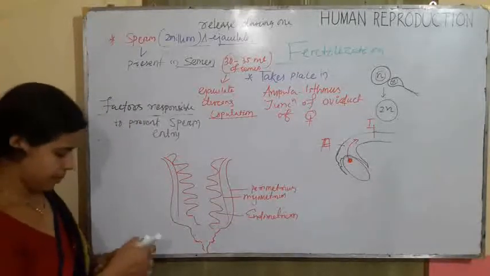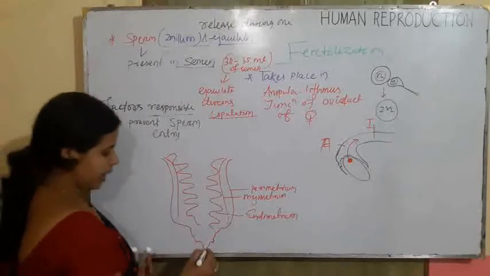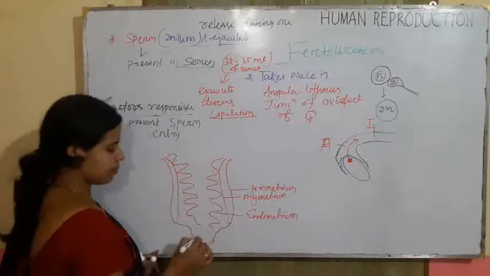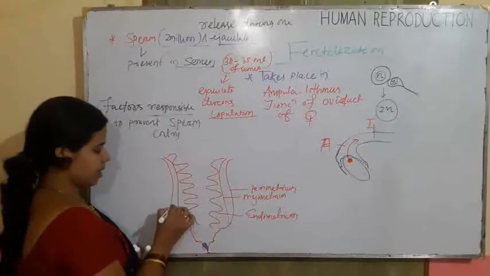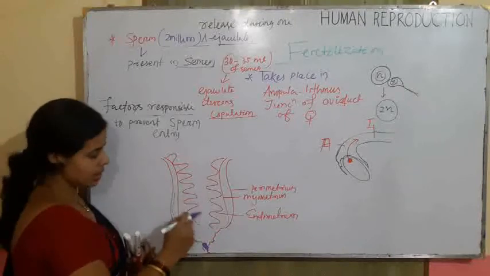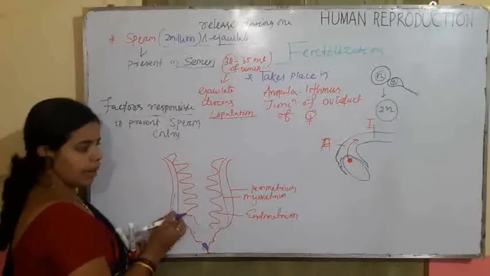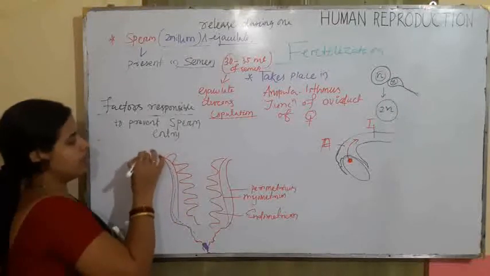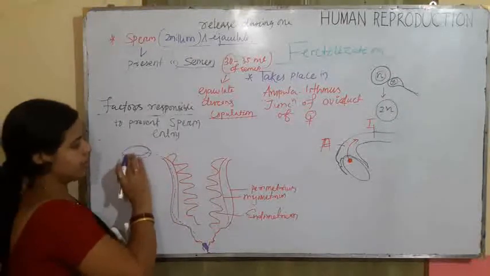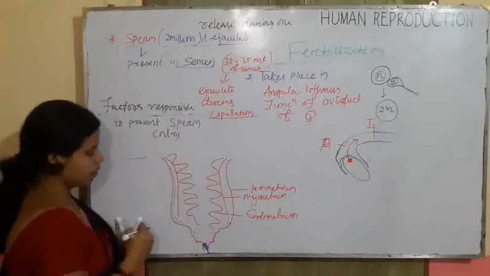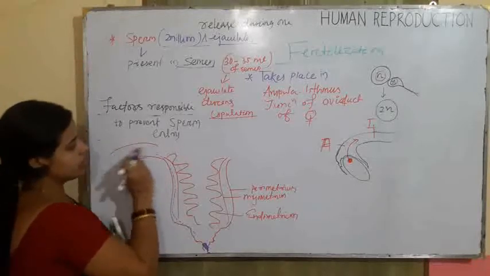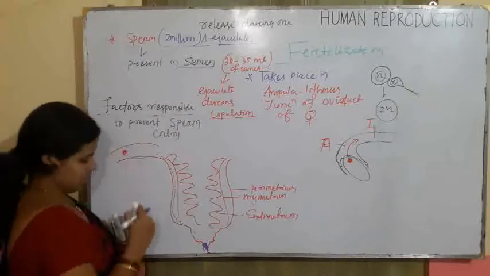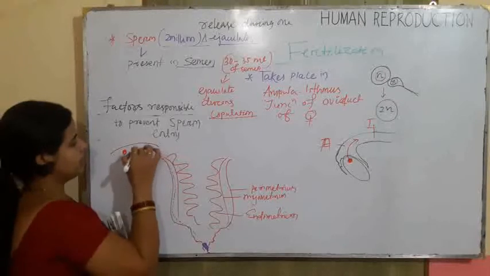The sperm has to travel through the vaginal region and between the perimetrium and the myometrium region to the oviduct. This is the position of the oviduct. In this position, suppose the ova is there, and the sperm has to reach here.